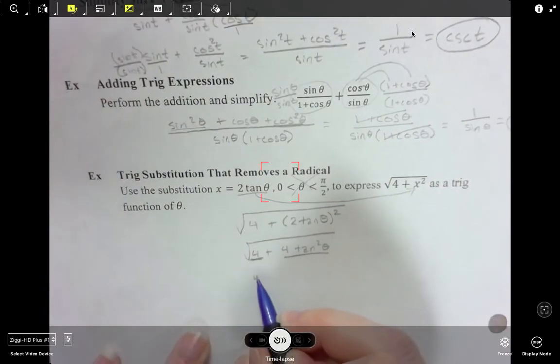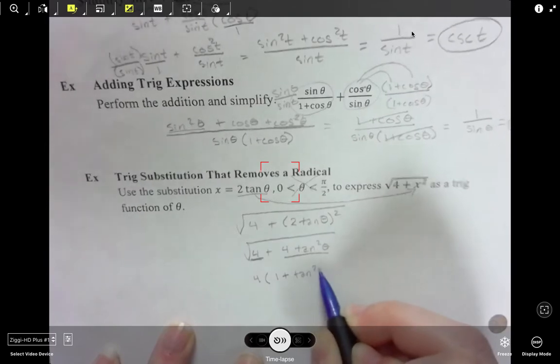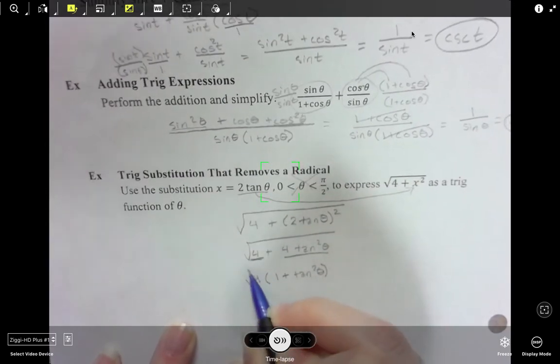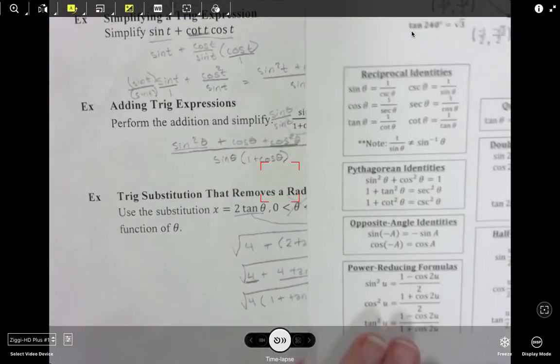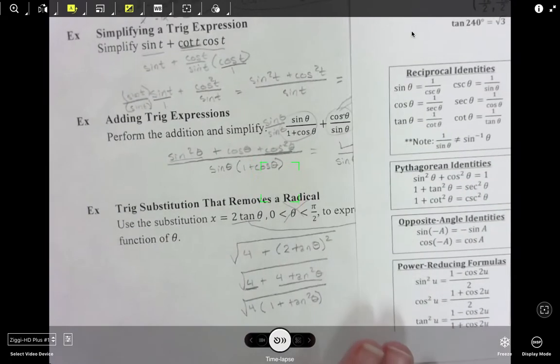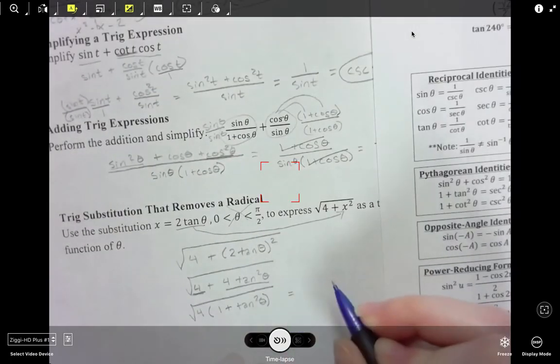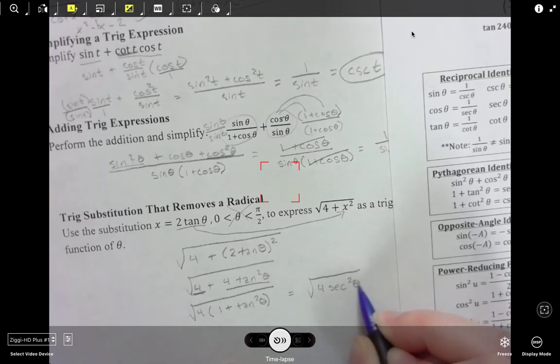So I'm going to pull a 4 out. And I've got 1 plus tangent squared theta, which I think is a Pythagorean identity. Let me check. 1 plus tangent squared theta is secant squared. Yes, perfect. So this is actually the square root of 4 secant squared theta.